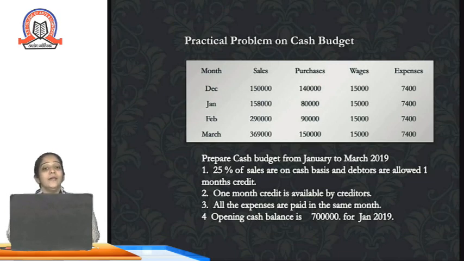Because it is mentioned in the first adjustment only that the debtors are allowed 1 month credit. Now to whom are you going to give the 1 month credit? To the people to whom you sold the goods on credit basis. Those are the people who are termed as debtors.